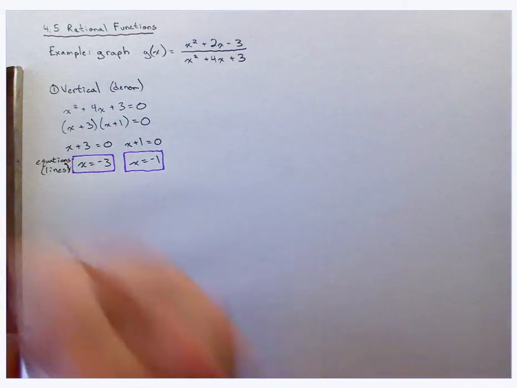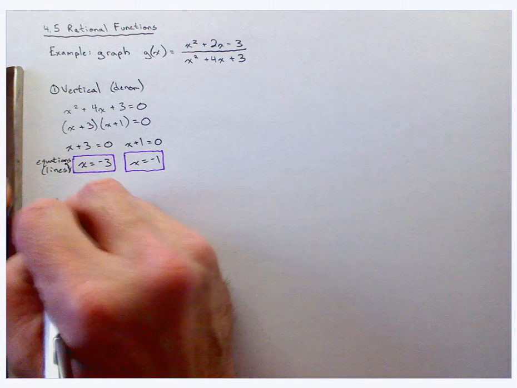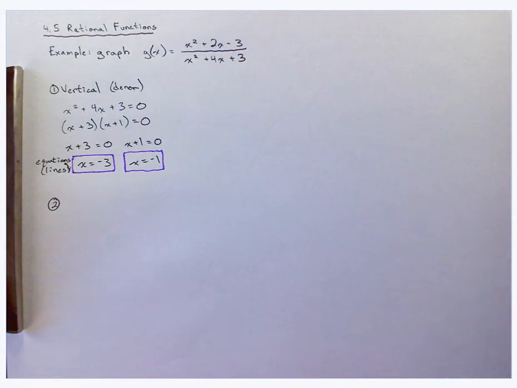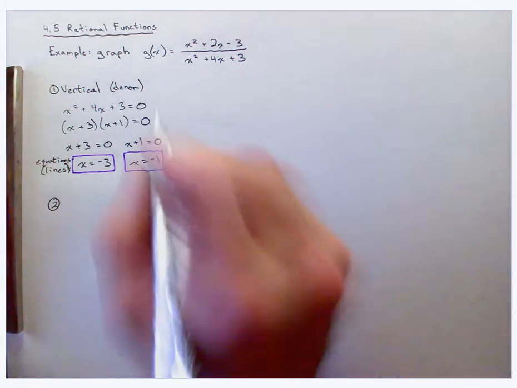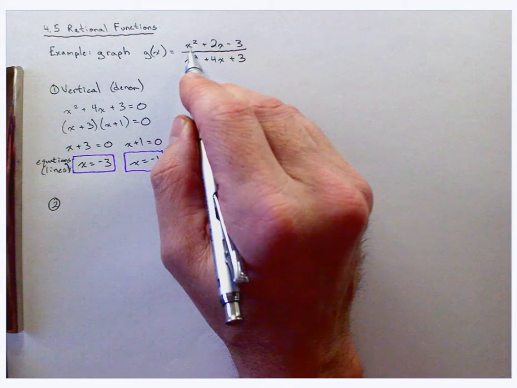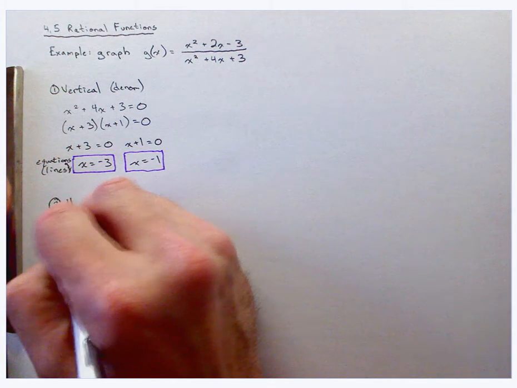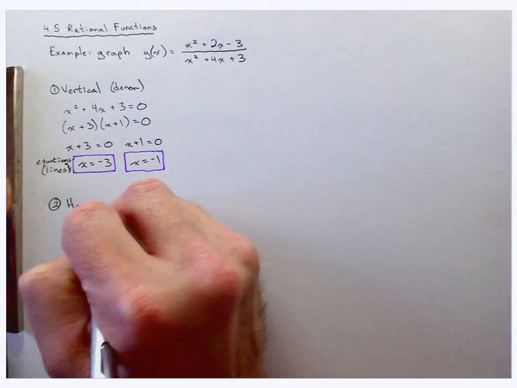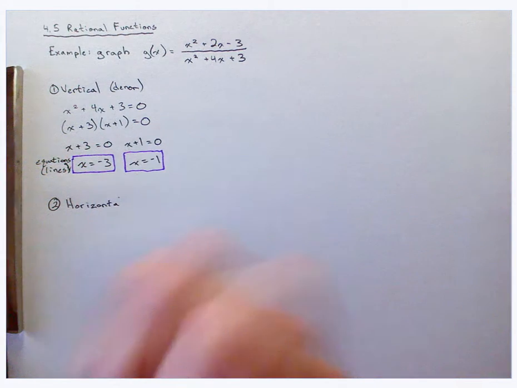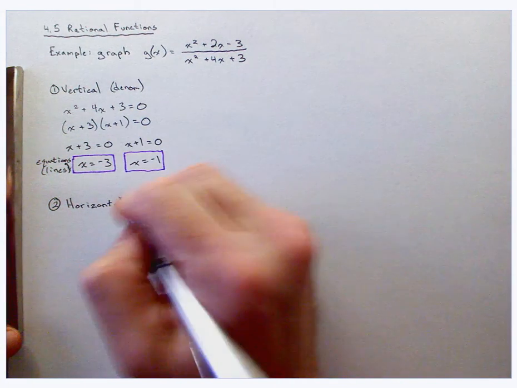Okay, so the next thing I need to do is determine, can I have a horizontal asymptote with this? And yes, I can, because my leading terms have the same degree. So I can have a horizontal asymptote for this.